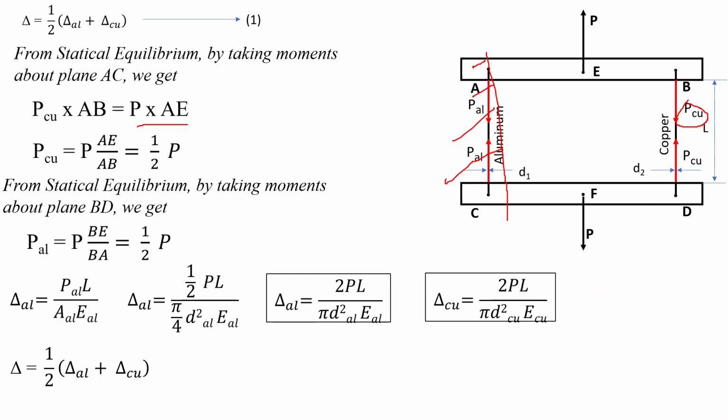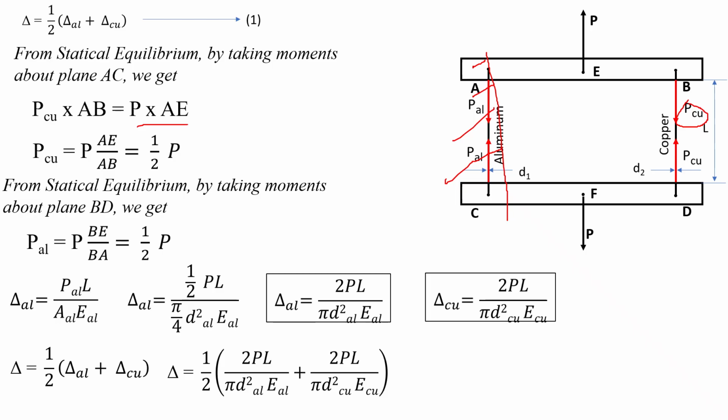So delta equal to 1 by 2 into delta AL plus delta CU. We know the delta AL value and also the delta CU value. Then substituting, we get delta equal to 1 by 2 into 2PL by pi dAL square into EAL plus 2PL by pi dCU square into ECU.